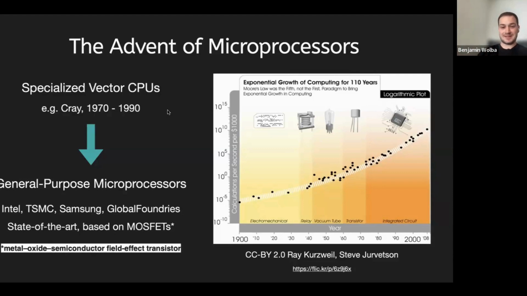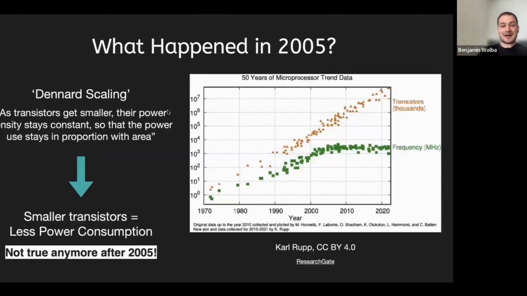Now, as time went by, something very fundamental happened in 2005. If you saw my LinkedIn post today, you might have wondered what happened in 2005. It's called linear scaling breaking down.